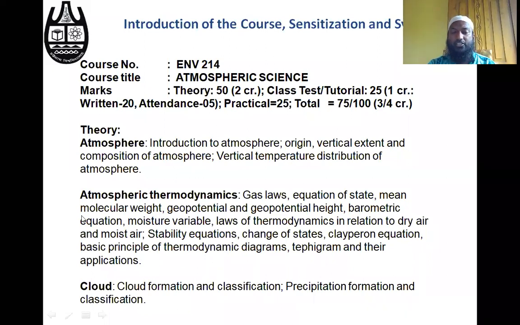You can understand from a tephigram. It can give you a three-dimensional view of different environmental parameters at a time. So atmospheric thermodynamics will discuss these laws and equations and their applications on atmospheric phenomena.